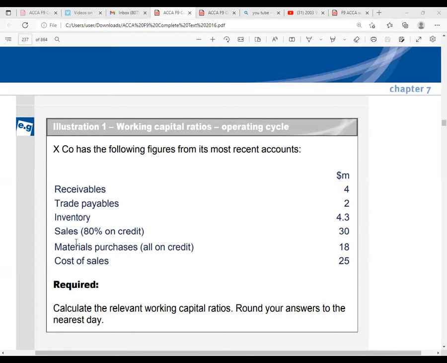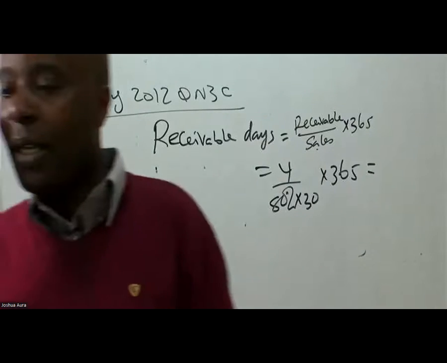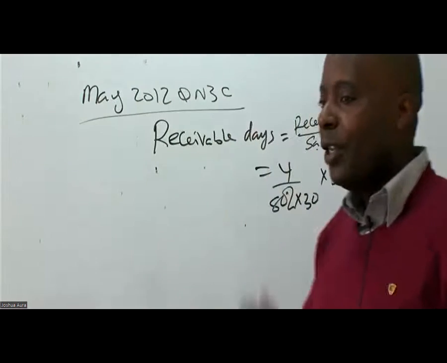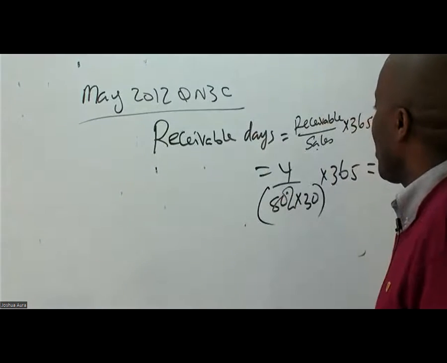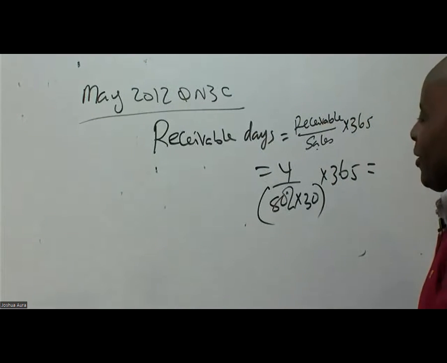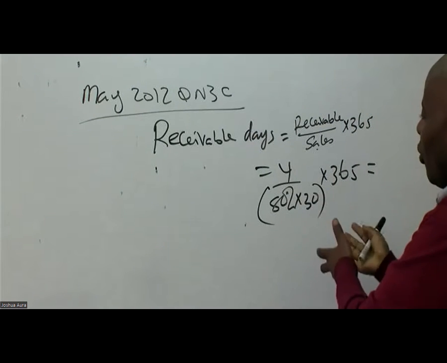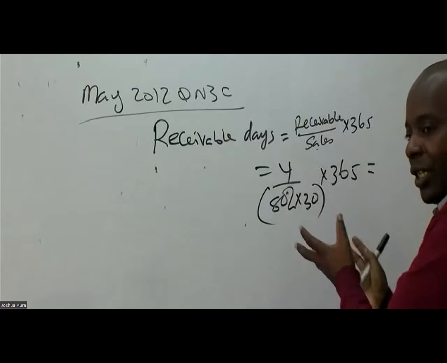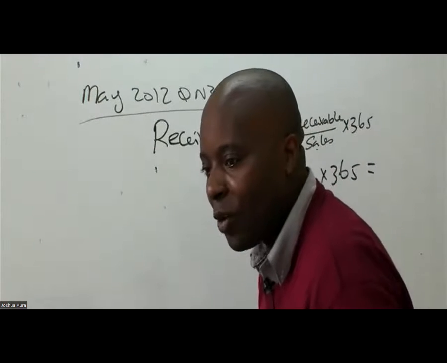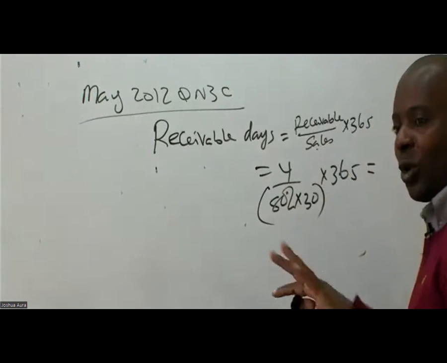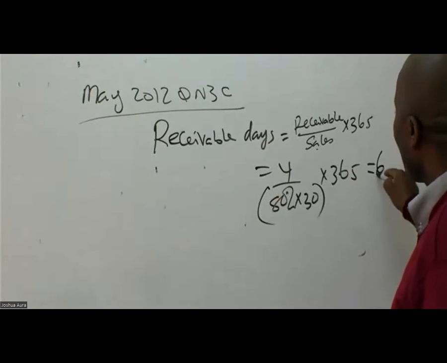So 80% times 30. Just take 4 divided by, open brackets, 0.8 times 30, close, whatever we get, times 365. That gives me a figure of 61. We have been told to round off to a whole number, so 61.